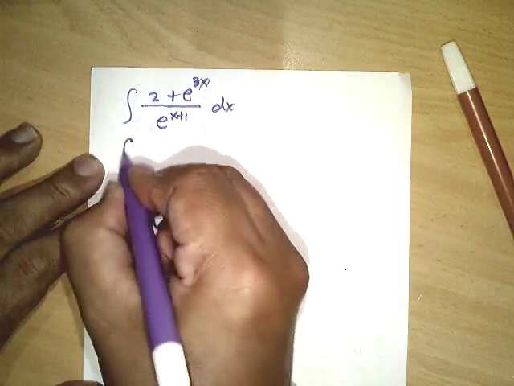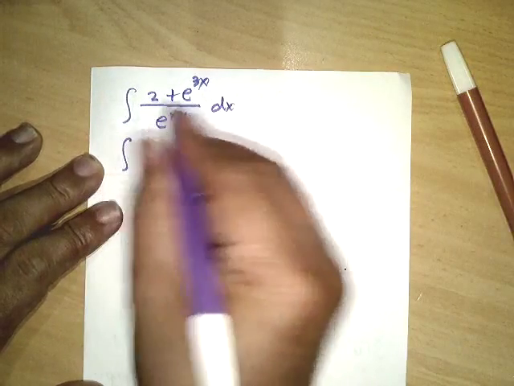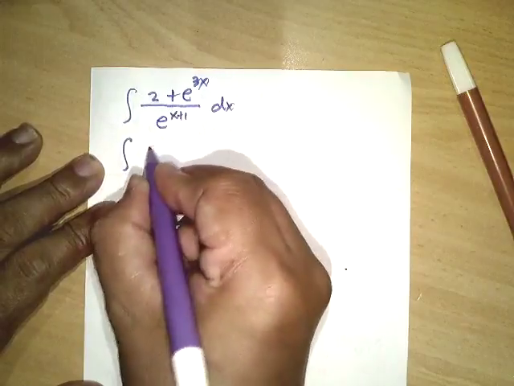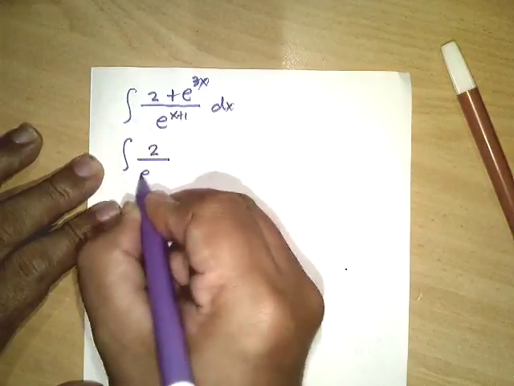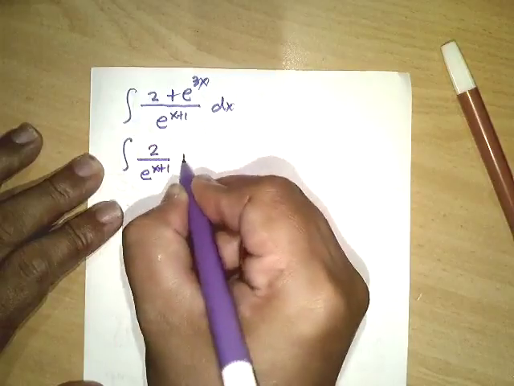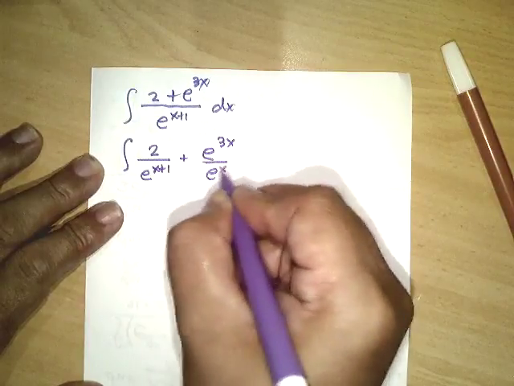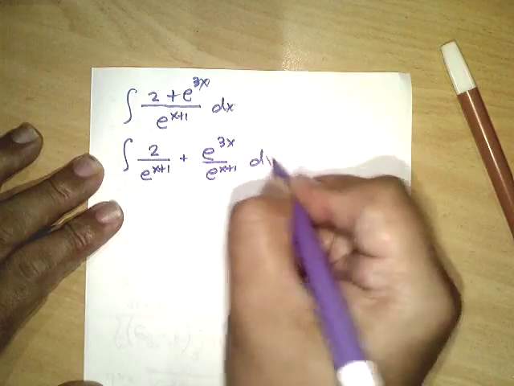Again, because there are two terms on top and only one at the bottom, you need to write that as 2e to the x plus 1 plus e to the 3x over e to the x plus 1. You can divide them first.